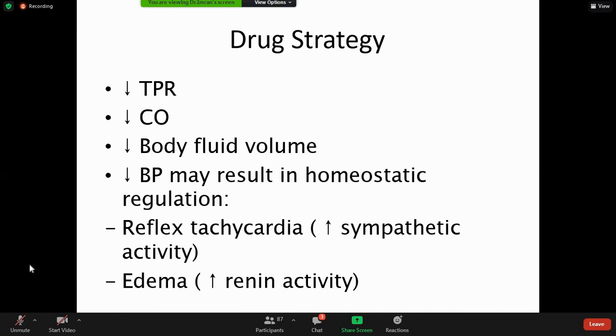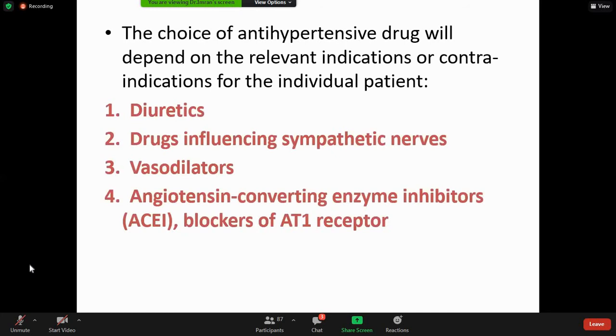Some drugs decrease the cardiac activity. Some drugs are labeled as diuretics, which enhance the excretion of salt and water, so this is how we can reduce the blood volume. So these are the different mechanisms. The choice will depend on the indications or contraindications for the individual patient.